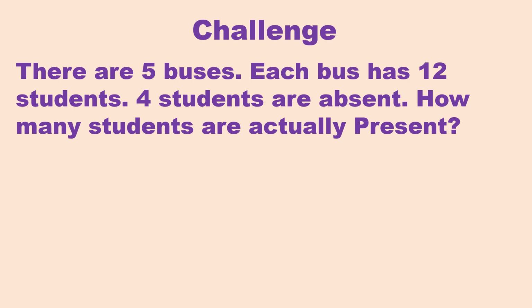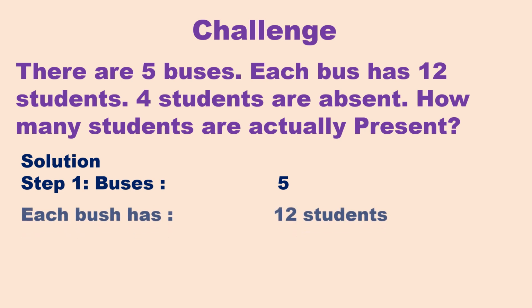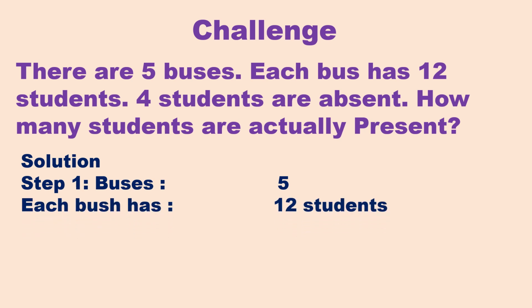So let's see the solution. There are 5 buses. Each bus has 12 students. So our first operation is 5 times 12, which means 60 students. From that, 4 students are absent. Absent means fewer, and fewer means less.